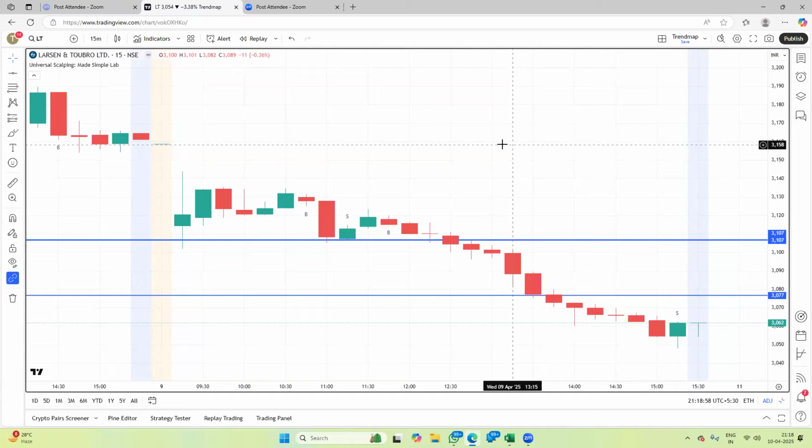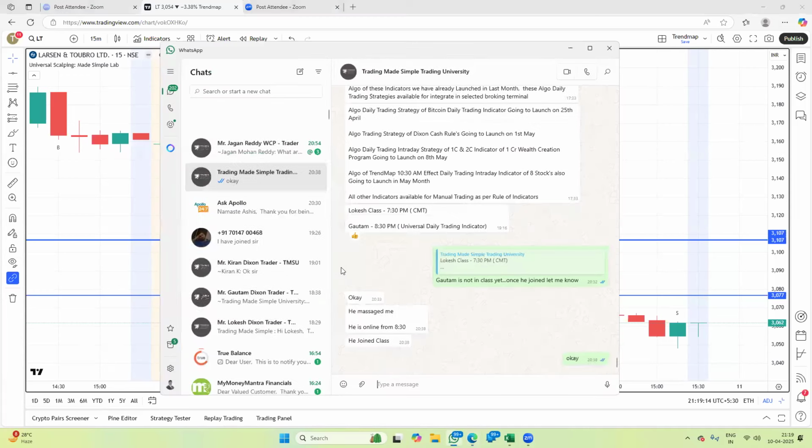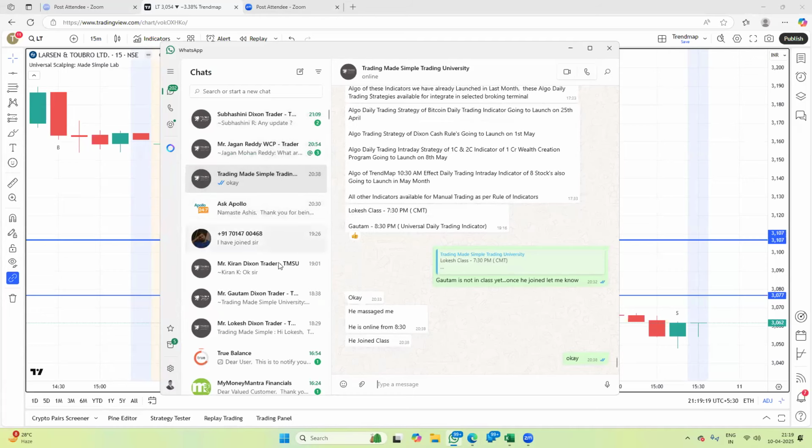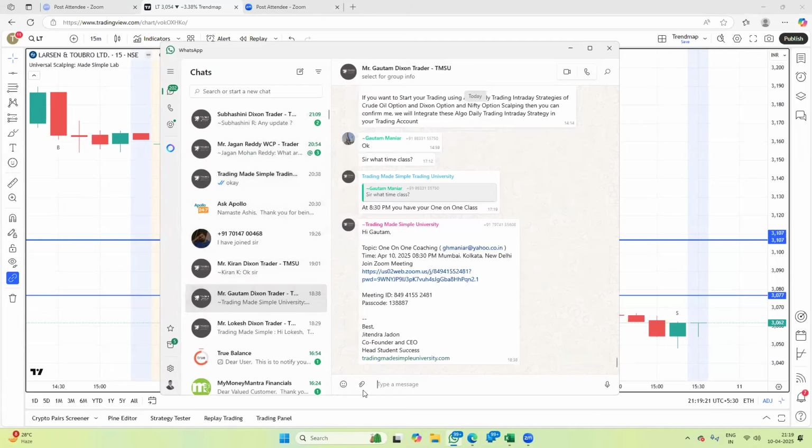Yes, this will be algo, and it actually needs to be algo. Otherwise, monitoring throughout the day is not possible, which we don't want. So I'm now sending the Word file in the group.